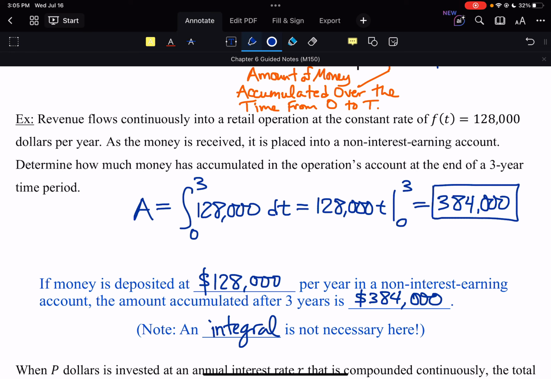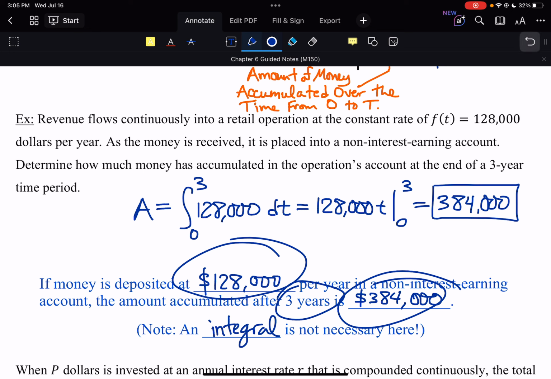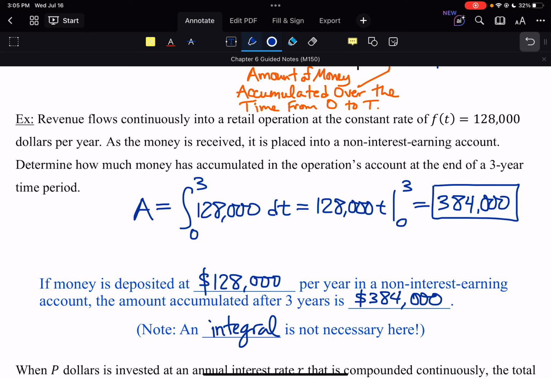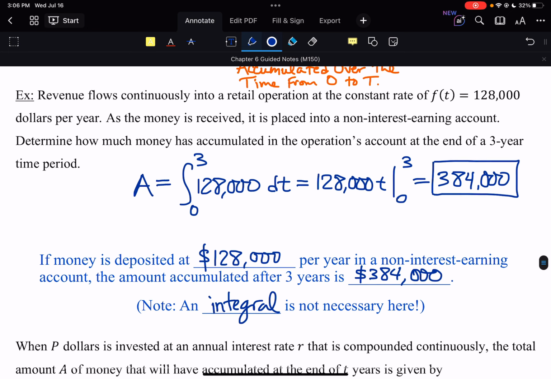If we knew that we had 128,000 coming in every year and it's not earning any interest, over 3 years, 128,000 times 3 is 384,000. In this particular case, it was a constant function, so we could have just drawn that horizontal line and found that rectangular area. But obviously the integral is going to be much more useful when we have functions that are not just horizontal lines.